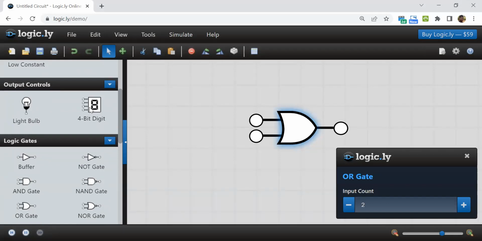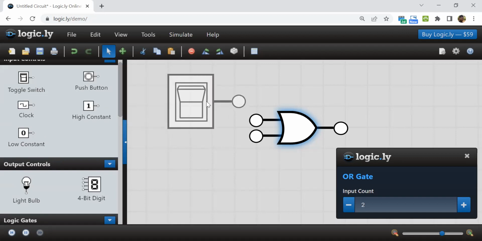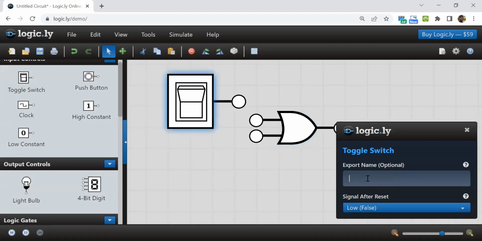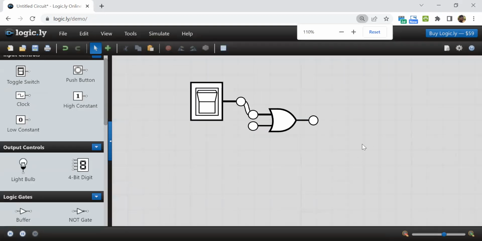And then on one side input, I'm going to use 2 switches, right? I'm going to say this is A. And then I can connect this, right?